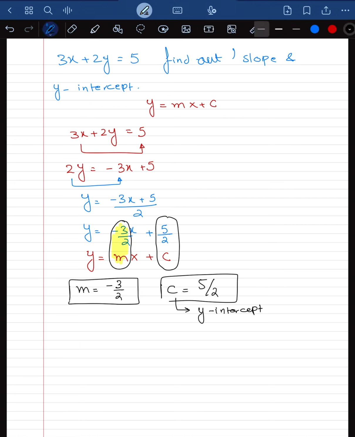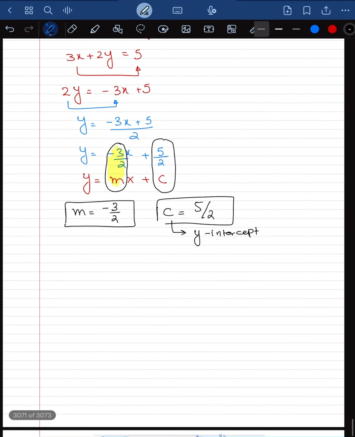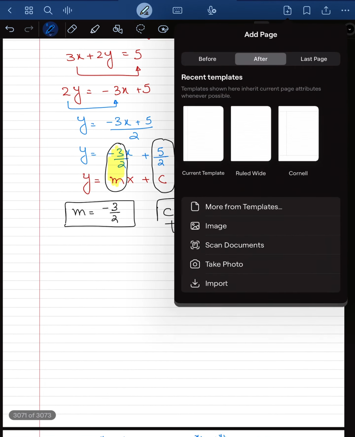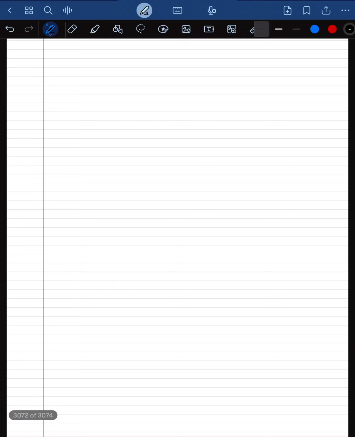Let's say now we are given a different type of question that we call parallel and perpendicular lines.